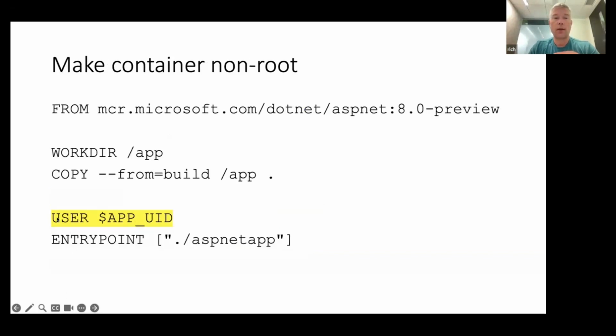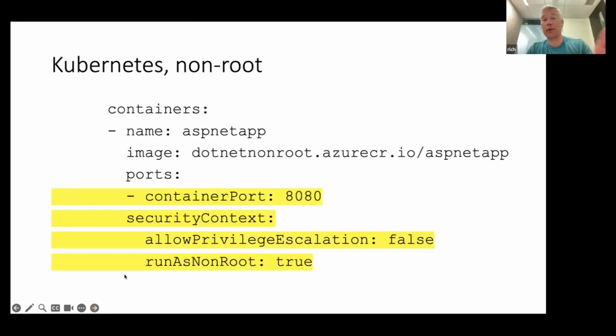So here, this is the Dockerfile. It's saying, please use this user that this environment variable says. It's this 64198 thing. This is basically the Dockerfile that was used to build this particular container image.